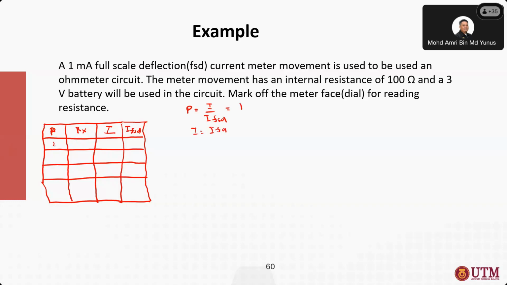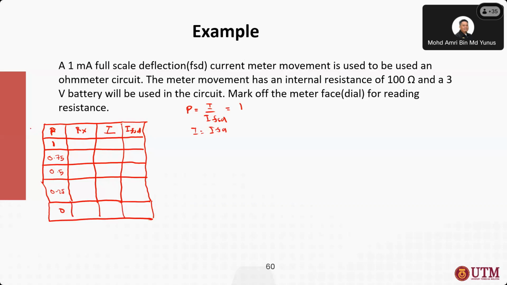Now, okay, we can put here 1. Then maybe we can put here 0.75, 0.5, 0.25, and 0.